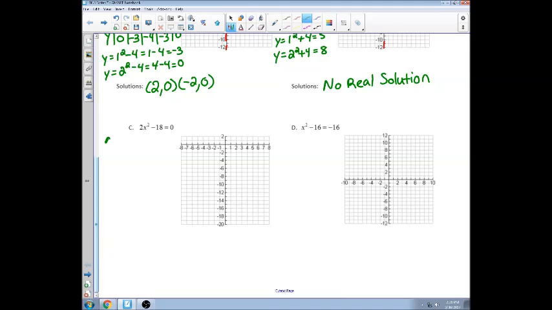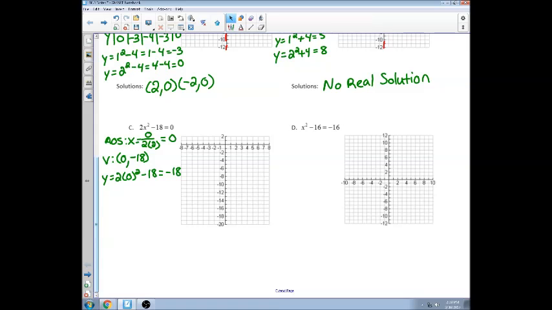So as I go to find my axis of symmetry, I'm going to have x equals 0 over 2 times a, which is also 2. That will get me 0 for my x value. So my vertex is going to be 0, comma. Now I put 0 back in for x. This would be y equals 2 times 0 squared minus 18. That would get me negative 18.